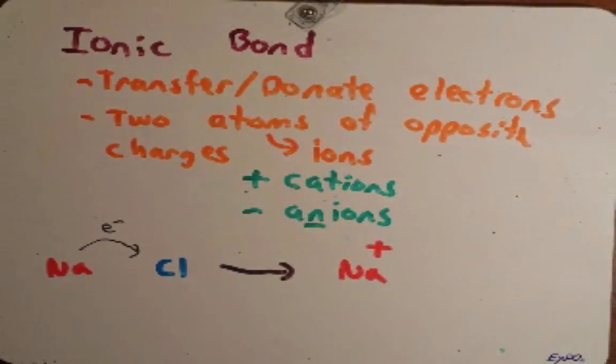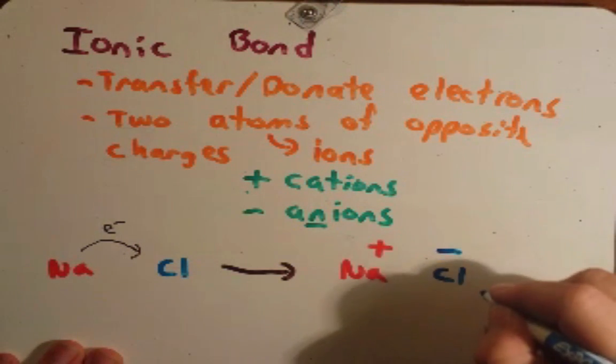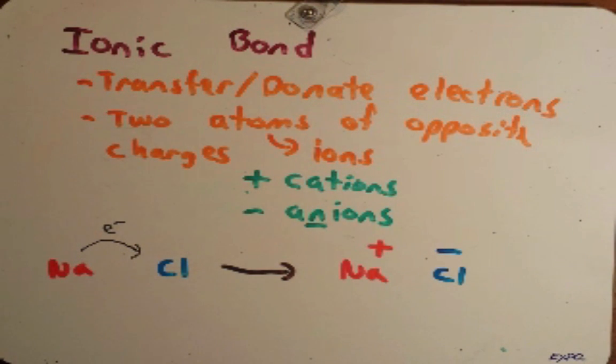It just lost an electron, so it lost that negative component of the atom, so now it bears a positive charge. The chlorine atom gained an electron, so now it is negatively charged because now it has an extra electron, which is the negatively charged component of an atom. This positive and this negative now will come together to form an ionic bond in between the two of them.